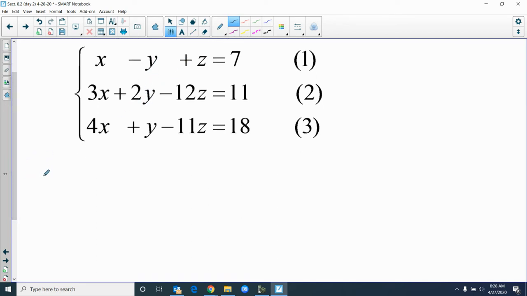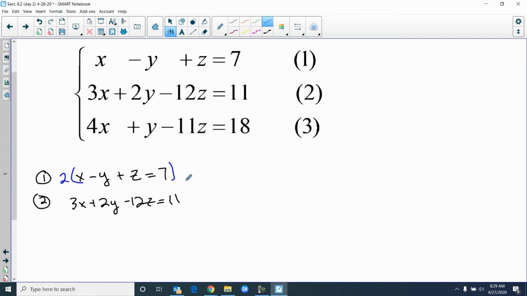So let's take equation 1 and equation 2. Now, to get rid of this, I want this negative y to be a negative 2y. So I'm going to multiply that by 2.